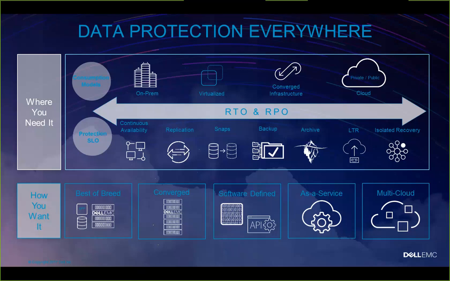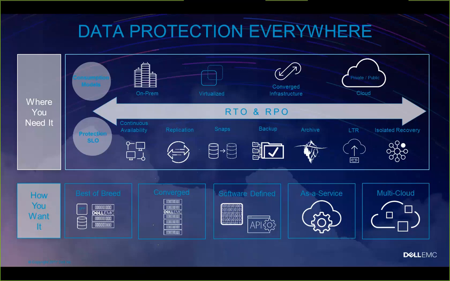So when you look at it as a strategy and you look at these different consumption models and the protection silos that you need to protect today, there are different ways to protect this, right? You can do this through continuous availability, replication, snapshots, backup, archive.